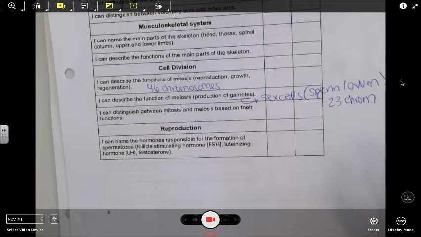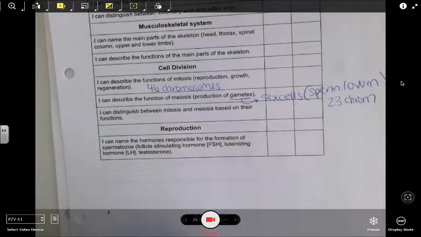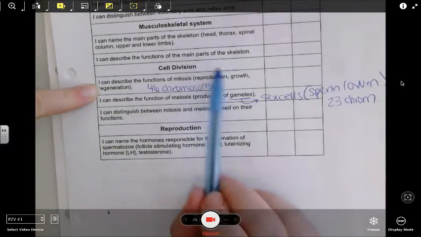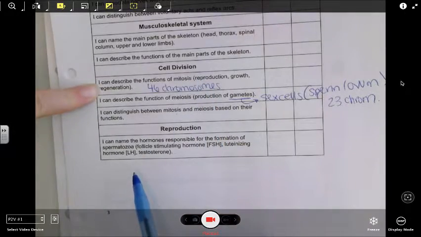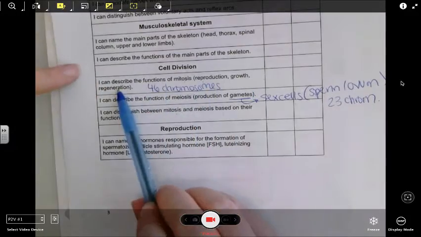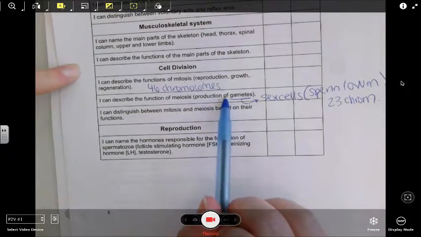So that's why you're making half a set of chromosomes. Okay? I can distinguish between mitosis and meiosis based on their functions. So you're probably going to get that multiple choice question saying which one of these things is not a function of mitosis, and it'll say reproduction, growth, regeneration, and production of gametes. You would have to say production of gametes because that one's meiosis.